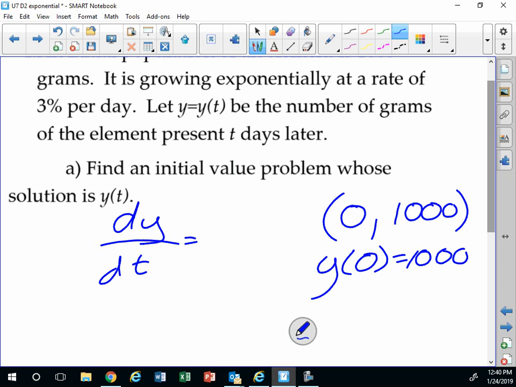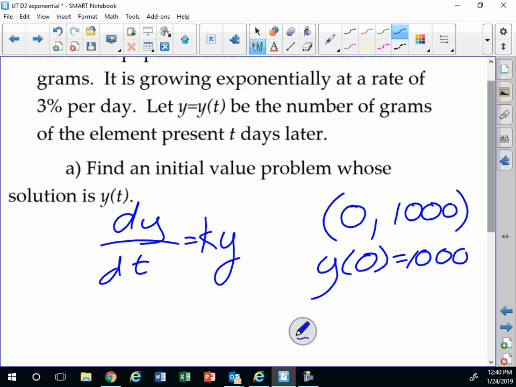There's the initial value piece. The problem is dy dt equals what? You can't use dy dt yet. But, ladies and gentlemen, remember dy dt. What did I say dy dt was for population?